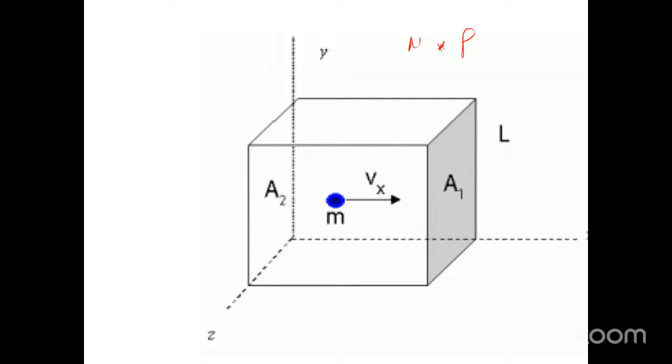Then we have to consider what will happen in the y and z directions. So we consider one particle in one direction, then all the particles in one direction, and then all the particles in 3 directions. And then we will develop a formula for the pressure exerted by all the particles hitting the wall.